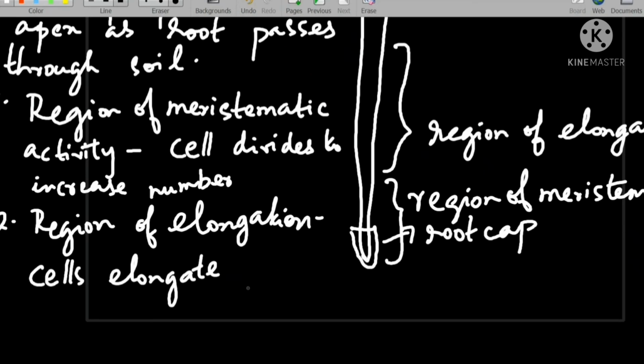These cells elongate and that leads to increase in the length of the plant root.